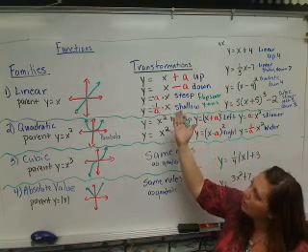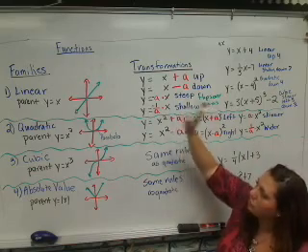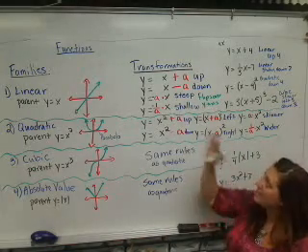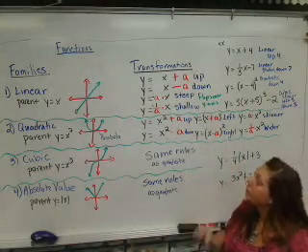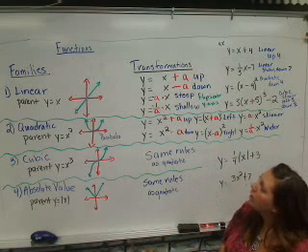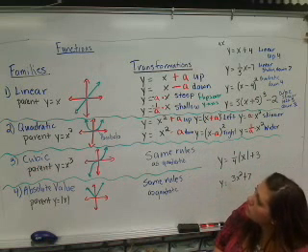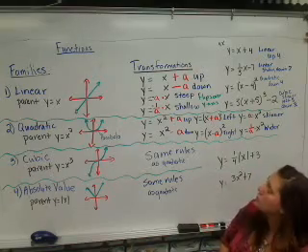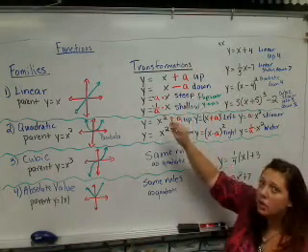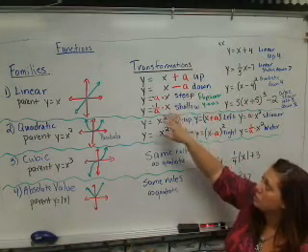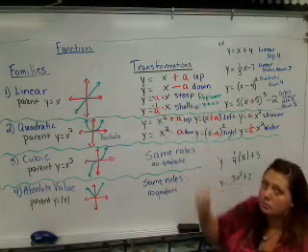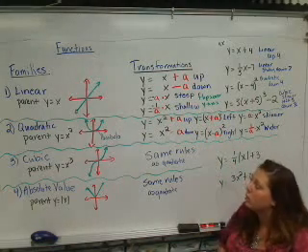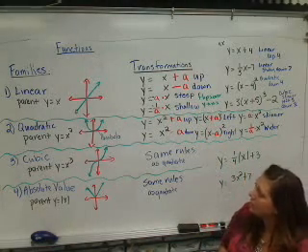So this whole parent function would flip and be backwards like this. So that is if it's a negative. Okay? All right. So those are the transformations for linear, 4 simple transformations, and they can be a combination of addition, subtraction, and multiplication. You can put those together. Okay, we'll look at some examples in a second.